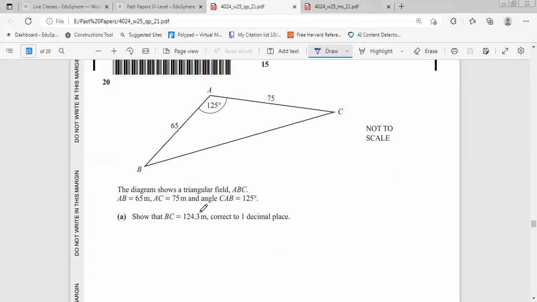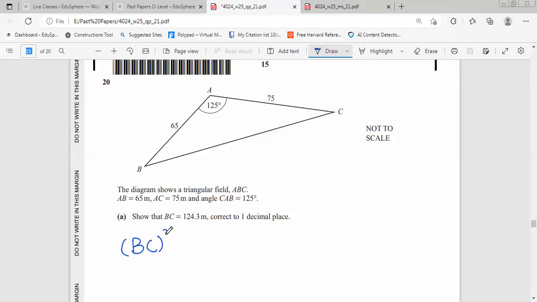For this, what we have to do, we are going to use the formula because we know that when we are using the law of cosines, when the two adjacent sides and the angle in between is given, we use the law of cosines. For the law of cosines, we are going to find out the value of BC. So we will be writing BC as the third side.